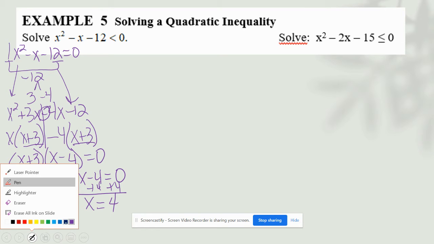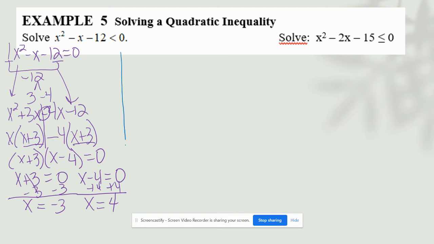That's our first step. We just solved. So let's label that step 1. Step 2.